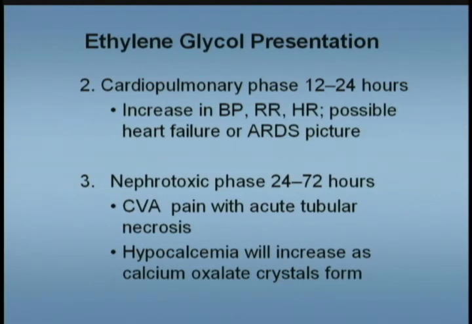Finally, the third phase, 1 day to 2 days later, they're going to have flank pain, CVA pain, and acute tubular necrosis. They may have symptoms of hypocalcemia because the oxalic acid combines with calcium to form calcium oxalate crystals in the urine. So if they give you a UA and it shows calcium oxalate crystals in the urine, one of the things to consider is was this an ethylene glycol intoxication?